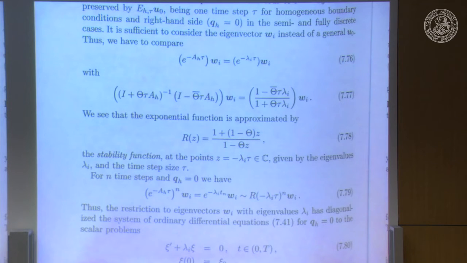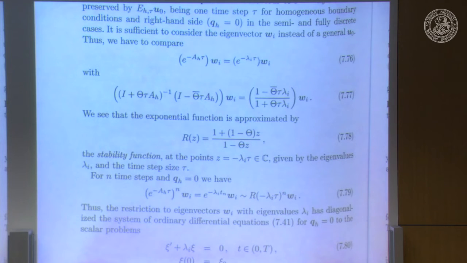Or to put it in another way, that is the nice thing, if we now restrict ourselves to eigenvectors, we can forget about all these matrix functions. These matrix functions go back to the normal real functions, and in the arguments the eigenvalues appear. So the eigenvalues are the characteristic values of the matrix.